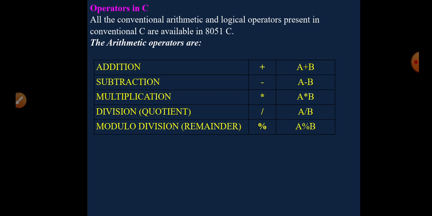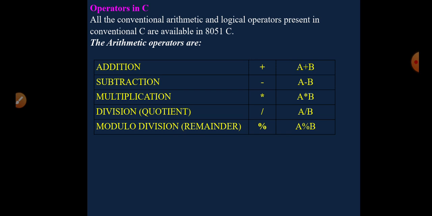The asterisk indicates multiplication, a into b. The forward slash acts as division, a divided by b. After dividing a by b, the quotient will be returned.